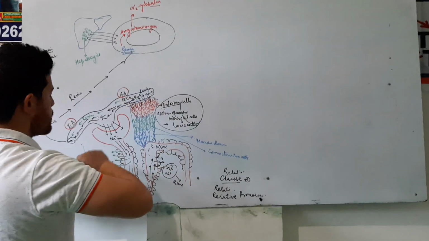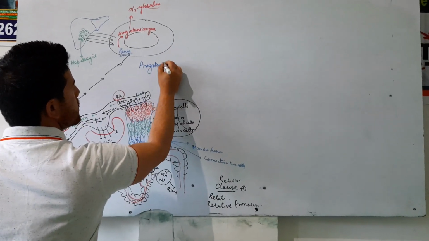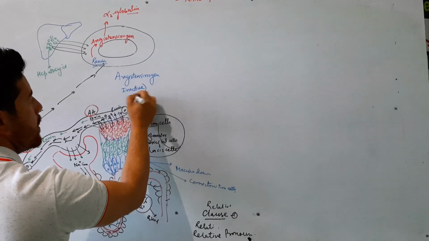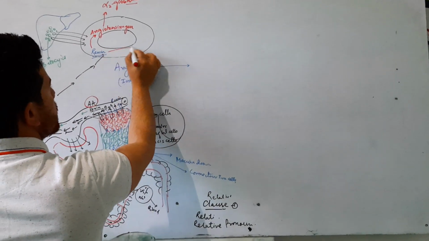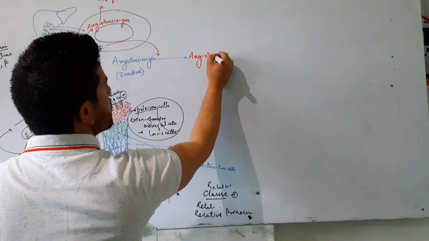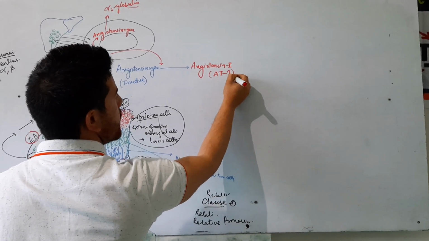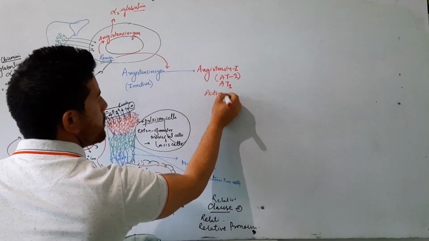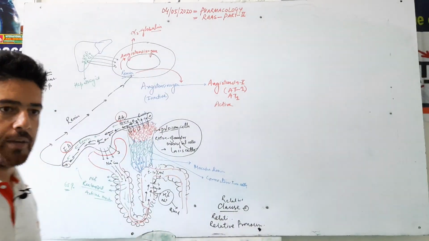So, if I write this process here, angiotensinogen is an inactive substrate that is converted into angiotensin 1, which is the active form formed by this renin enzyme.